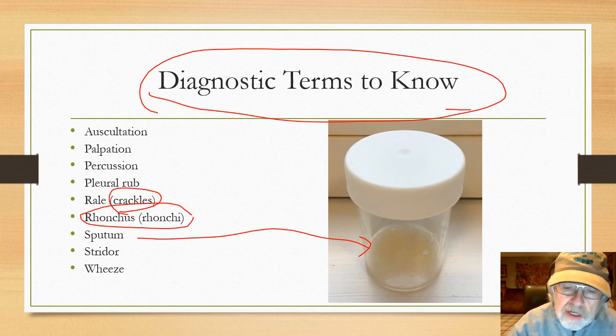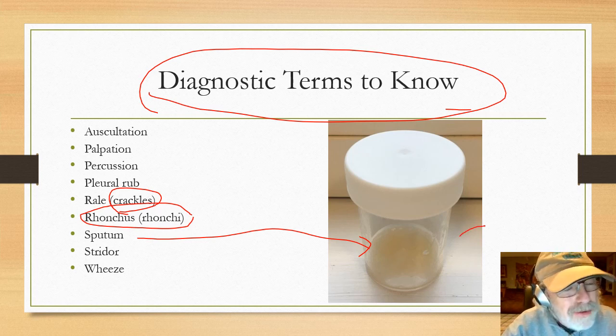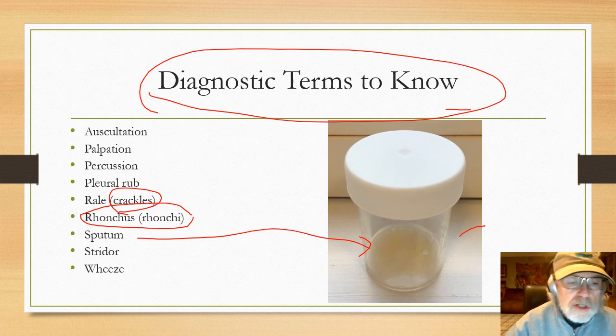This is a lot of foul stuff. Sometimes with people with bronchitis, this sputum will be green or brown or sometimes blood tinged, sometimes even blackish, because of all the garbage that's in there. It's not spit. Spit is the saliva from the mouth. Sputum is the deep secretions from the chest.